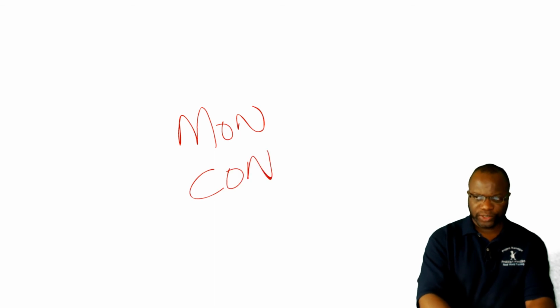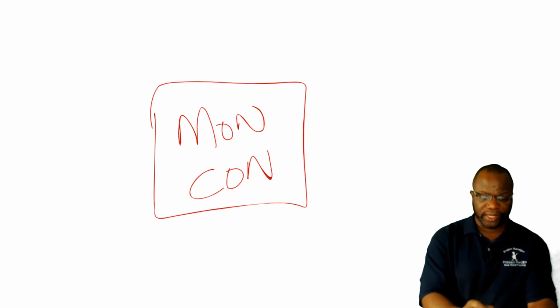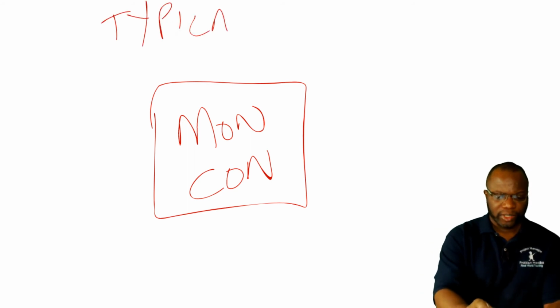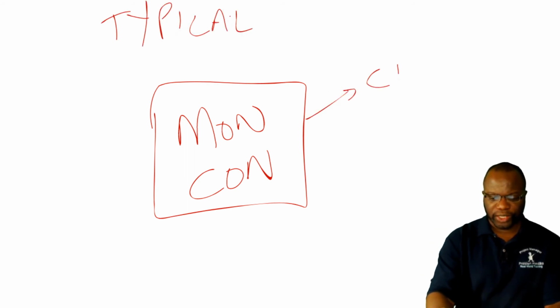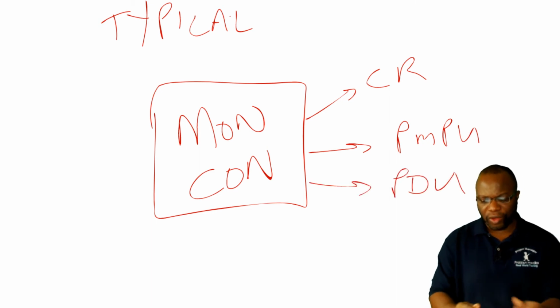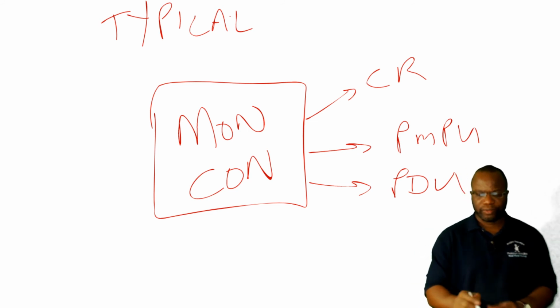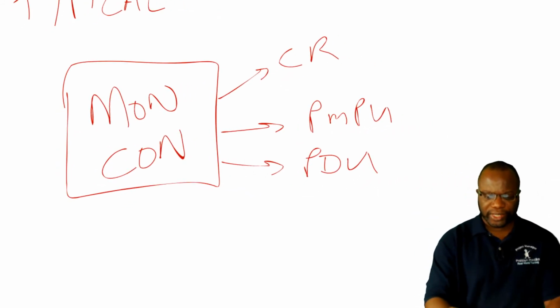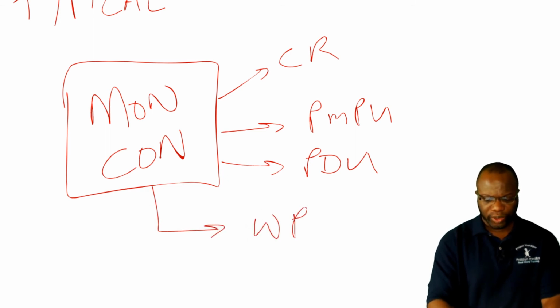Monitoring and controlling processes, they typically, I'm not saying all of them, typical, right? They typically are going to give you a change request. They typically are going to give you a project management plan update. They typically are going to give you a project document update. I'm not saying all of them. I'm saying typical, right? And all of those outside integration, they will give you a WPI, okay?